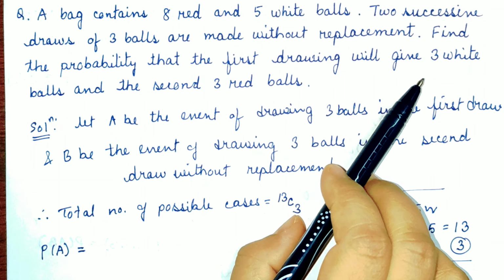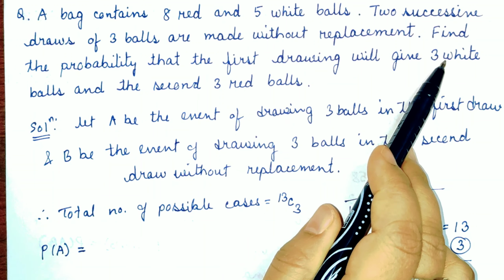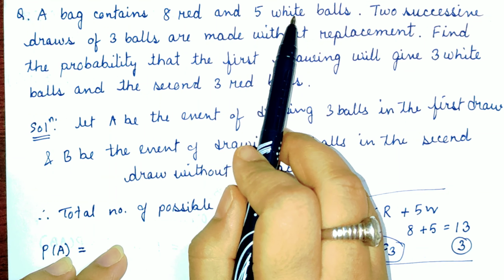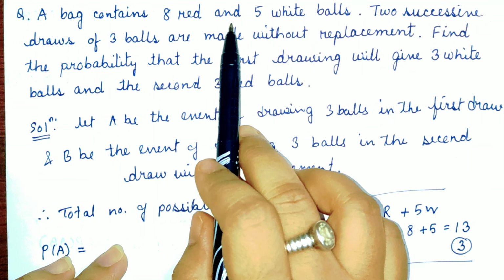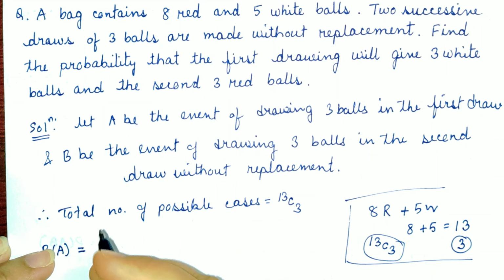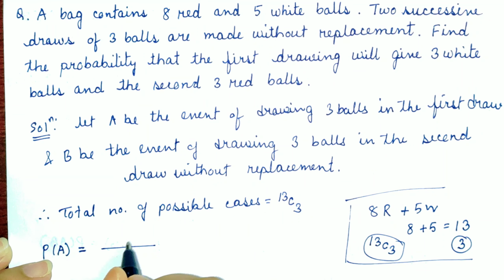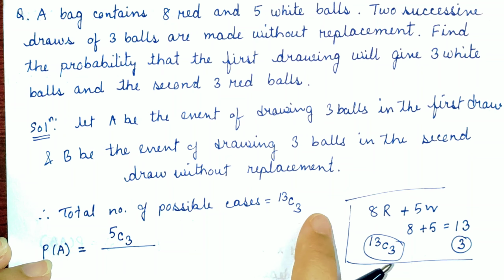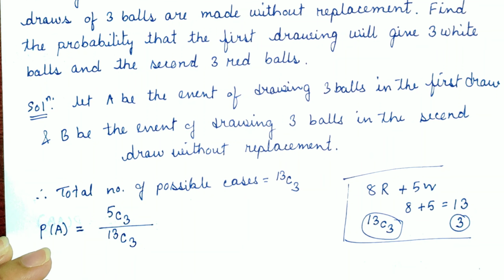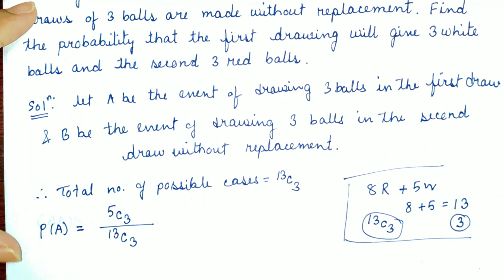So in the first draw we draw 3 white balls from the bag and put them aside. 5 white balls are in the bag, and out of 5 balls we have to draw 3. So the number of cases favorable to the event A will be 5C3, and the total number of possible cases is 13C3.